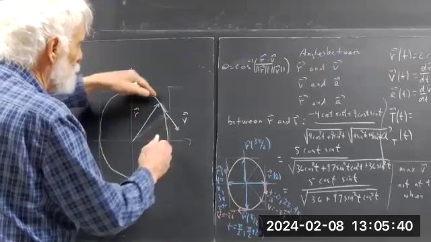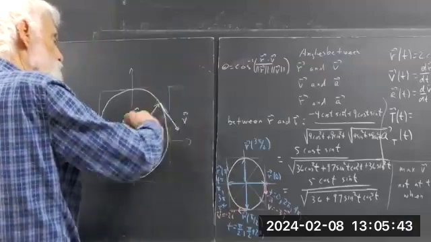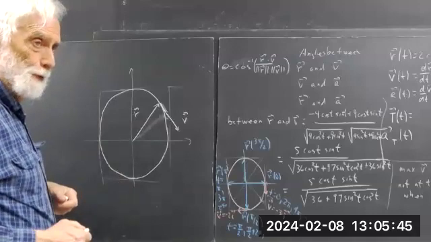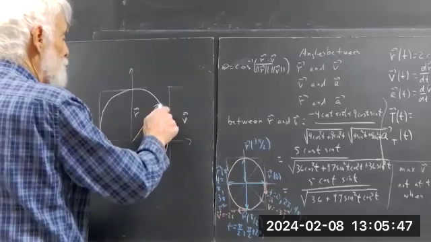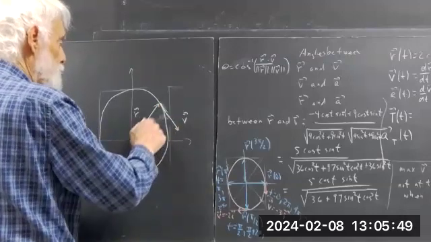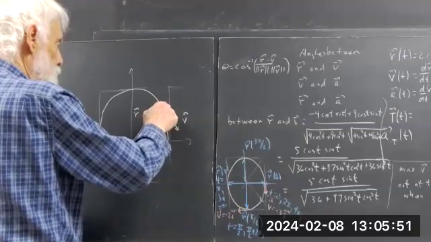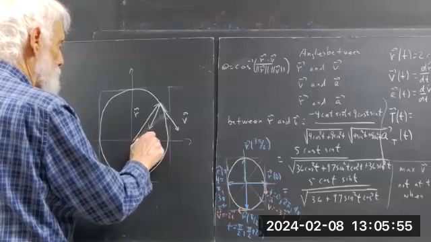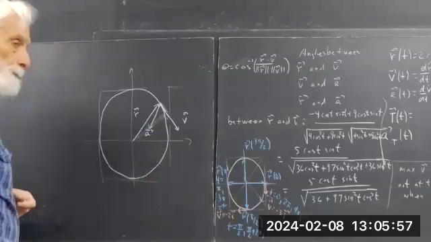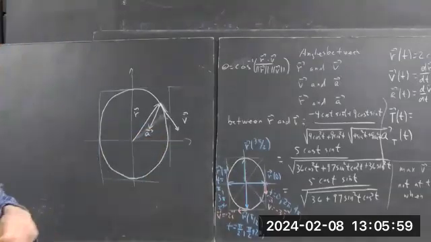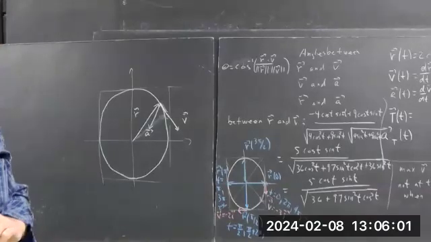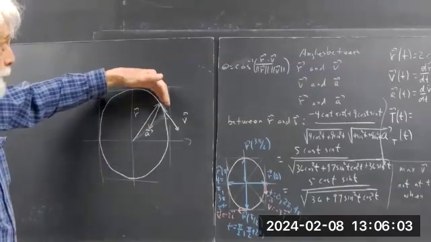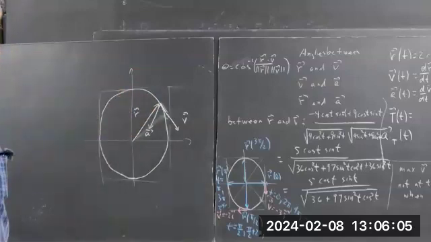It's also turning toward the center, so there's a centripetal component to it. But the acceleration here is not toward the center. The acceleration looks something like this, because it's speeding up. If the only thing it was doing was turning toward the center, then the vector would be toward the center.